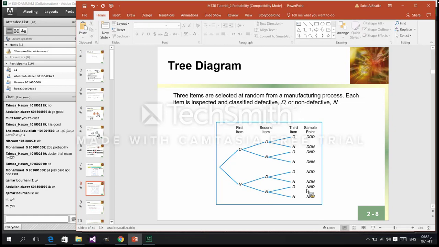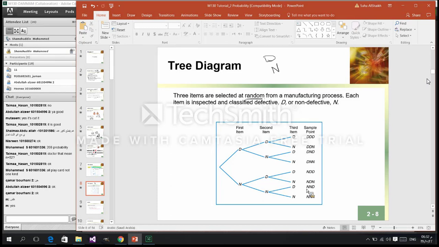Now in this table, I am in a factory, and they have items in a box, for example. They are selecting randomly one item, writing D if this item is defective, and writing N for non-defective items.